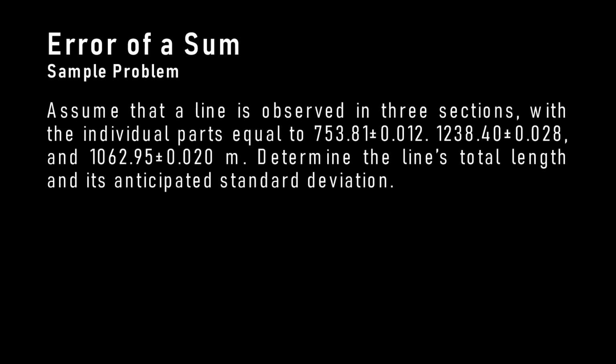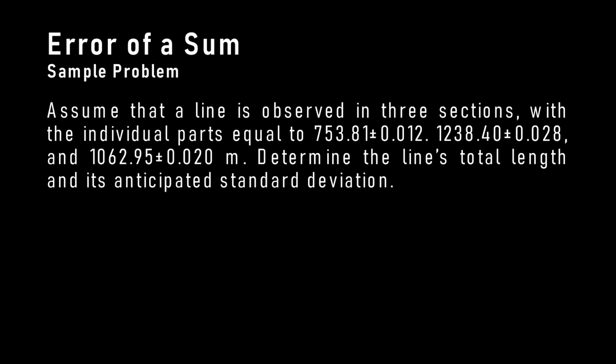So, sample problem. Gaya nito. Assume that the line is observed in 3 sections with individual parts equal to 753.81 plus minus 0.012. So, meron na tayong probable error dito. Then yung pangalawa, 1238.40 plus minus 0.028 and 1062.95 plus minus 0.02 meters.